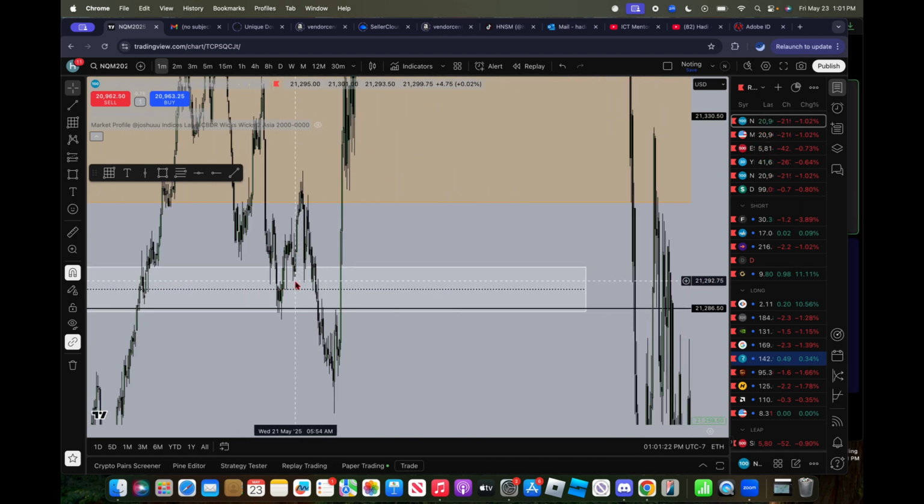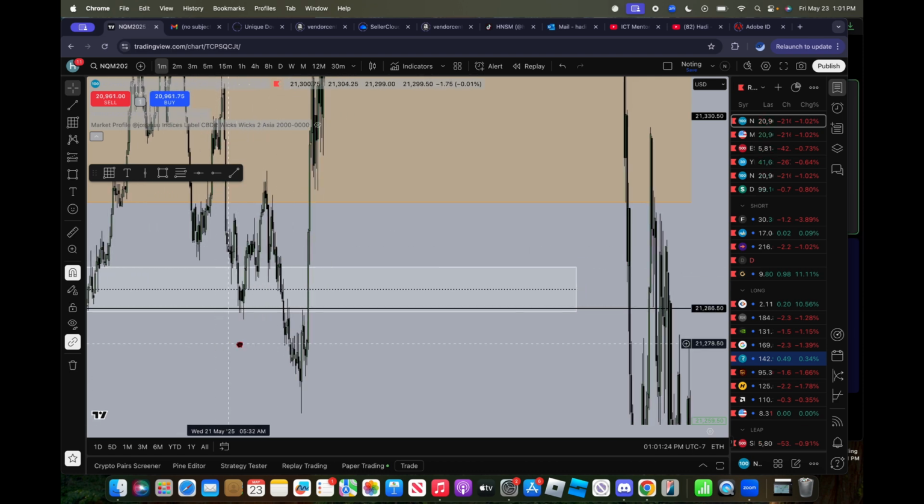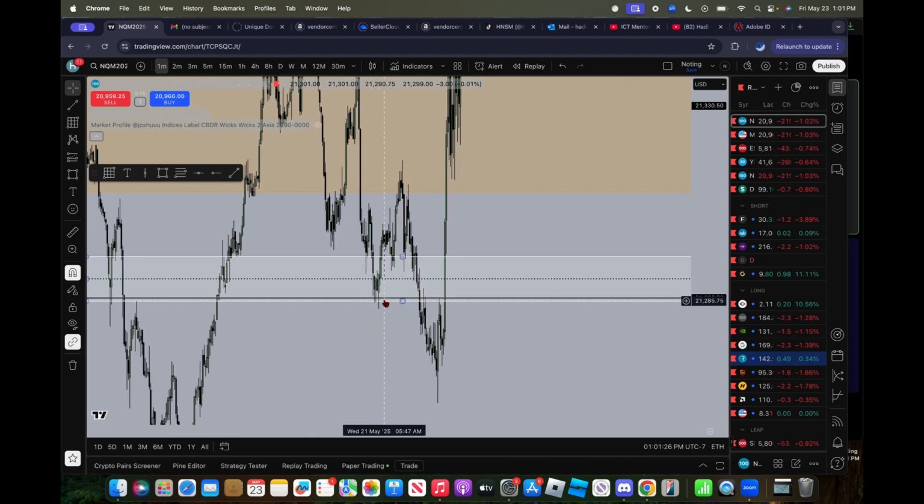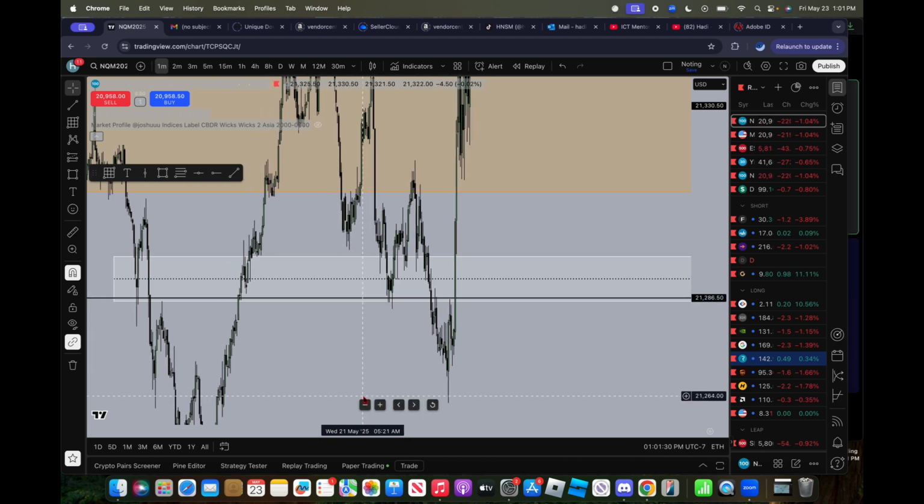We get deferred around here, so at this point you'd want the bounce price range to hold up, but we end up getting deferred and it trades back lower.